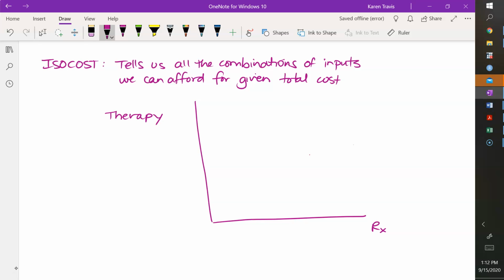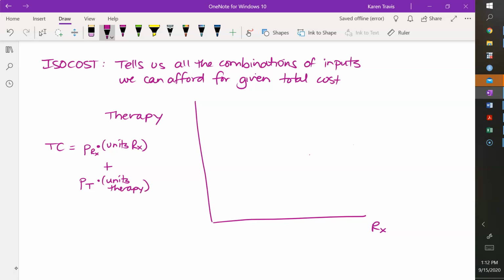And so in this realm, in order to think about the total cost that we would spend, we're going to use whatever our price is for the prescriptions multiplied by the units of prescriptions, added to the price of the therapy multiplied by units of therapy.